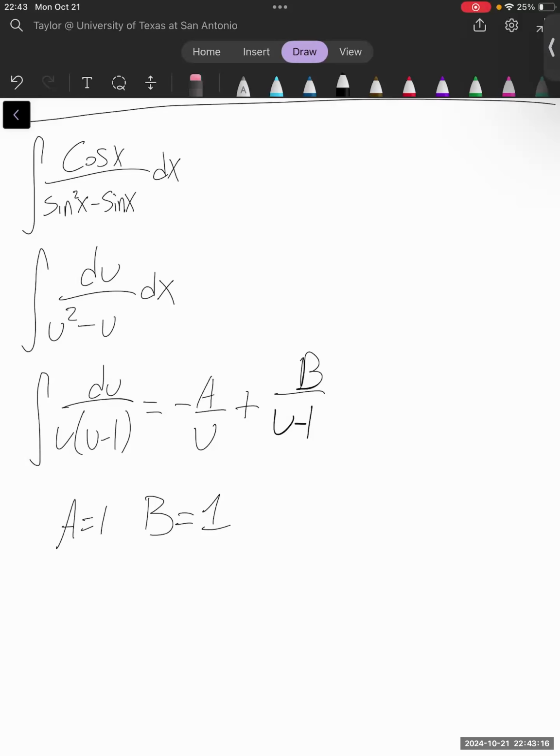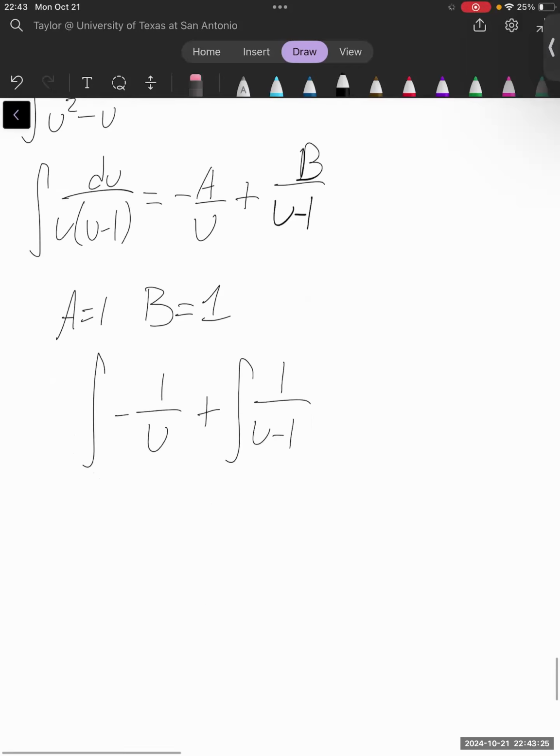So now we have the integral of negative 1 over u plus the integral of 1 over u minus 1. And then we get negative ln of u plus natural log of u minus 1.